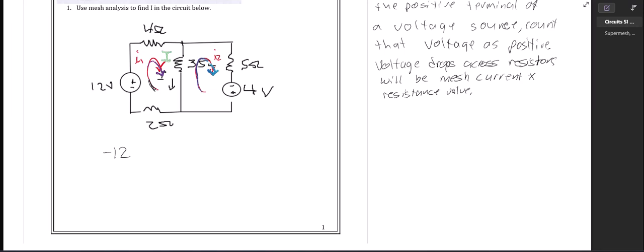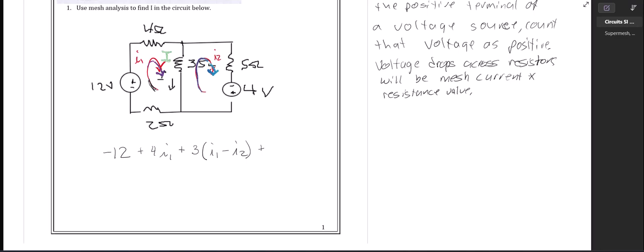So it's minus 12, and then plus 4I1, and then plus, our middle resistor right there is 3, but that's going to be I1 minus I2, because any of the branches that are shared, it'll be the mesh current on the loop that you're looking at minus the other one, because the other one should always be going in the other direction.